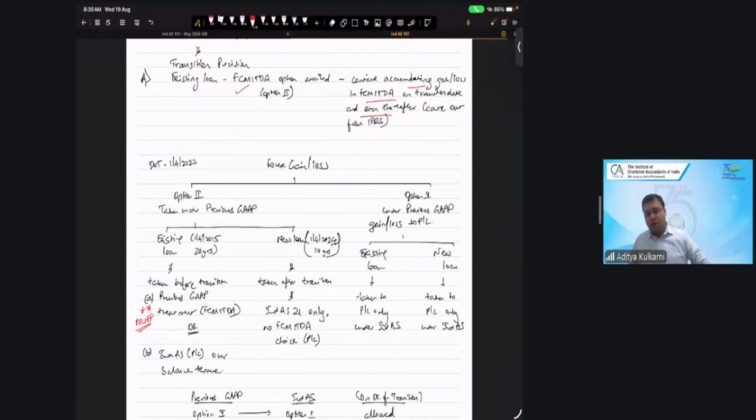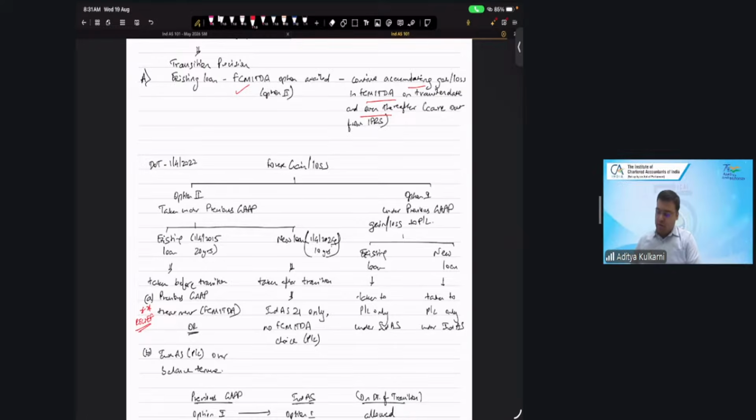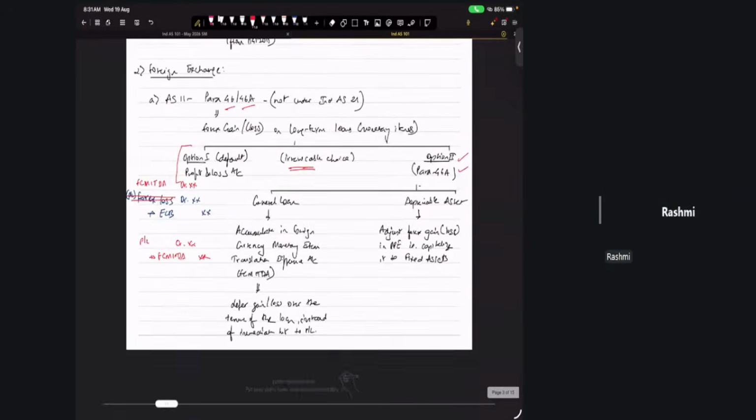Now I'm giving you the overall understanding. Suppose, for forex gain or loss under the AS regime, I had opted for option one. What was option one?